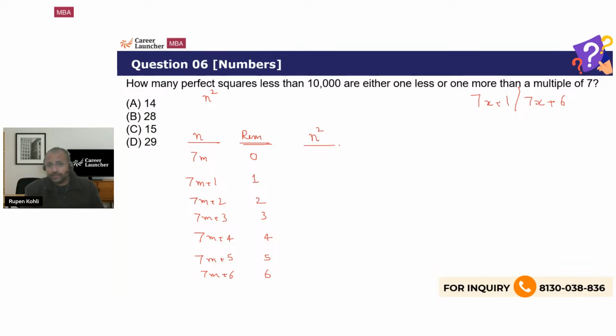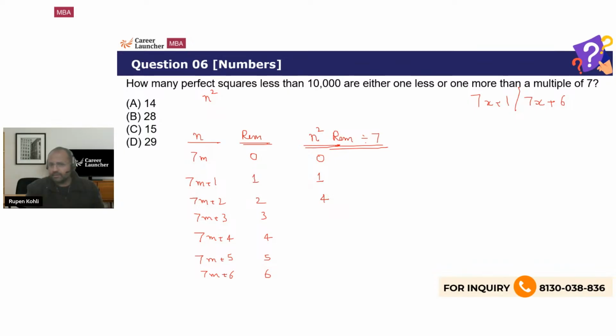What is the remainder when n square is divided by 7? N square's remainder when divided by 7 is the same as the square of the remainders respectively. So 0 square is 0, 1 square is 1, 2 square is 4.